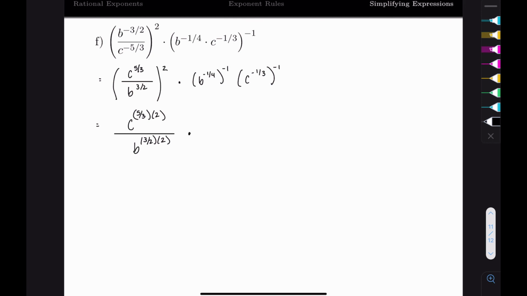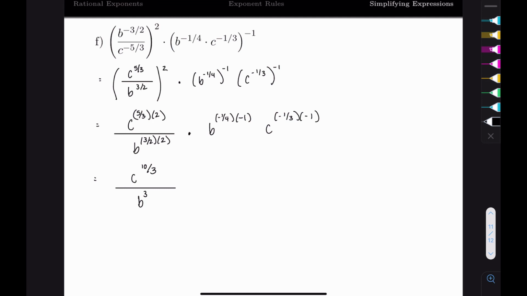And then for these two pieces, you'd have the negative times the negative, and then the negative times the negative. So ultimately, this becomes c to the 10 over 3. And then the denominator, luckily, when you take 3/2 and times it by 2, it becomes b to the 3rd.